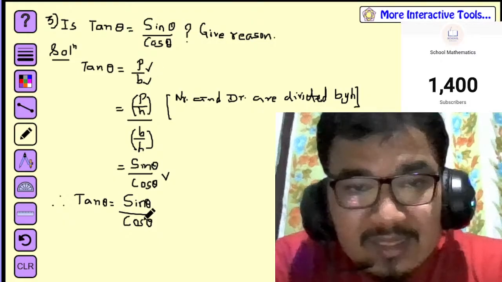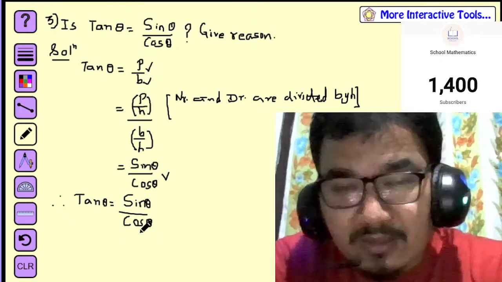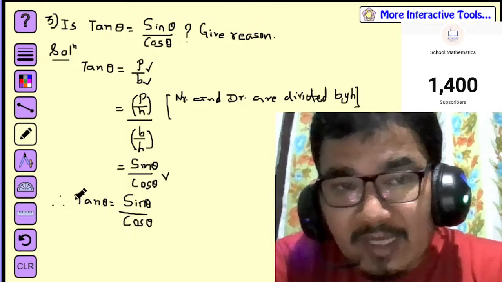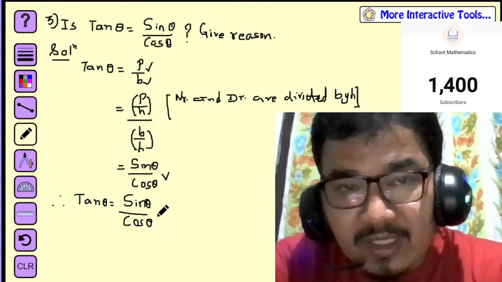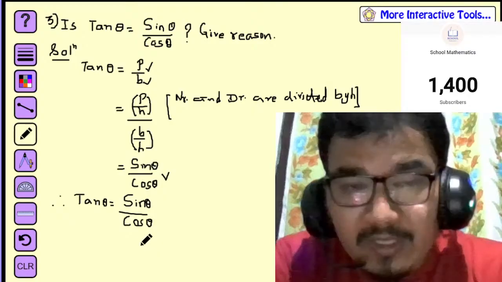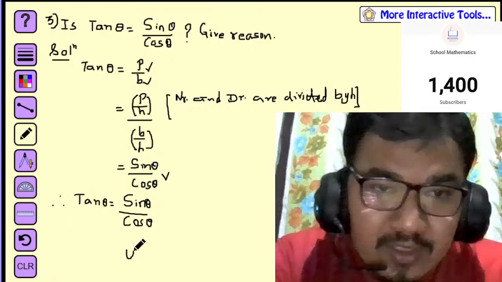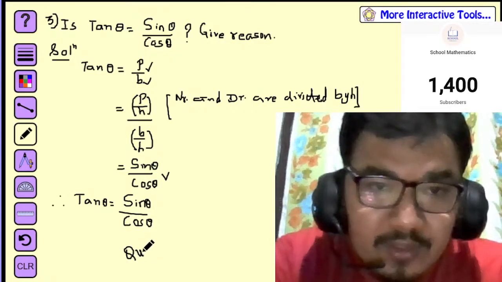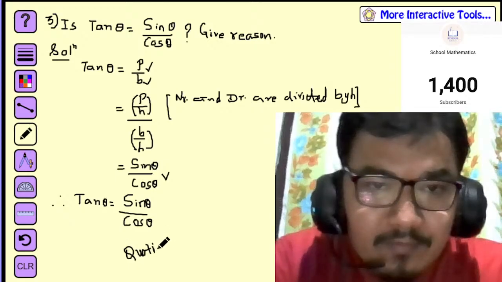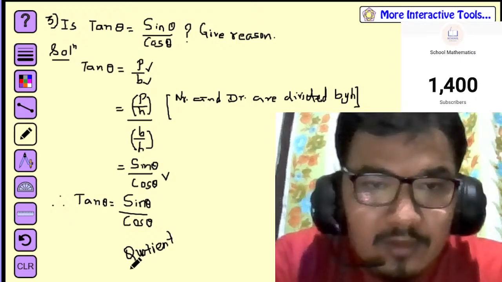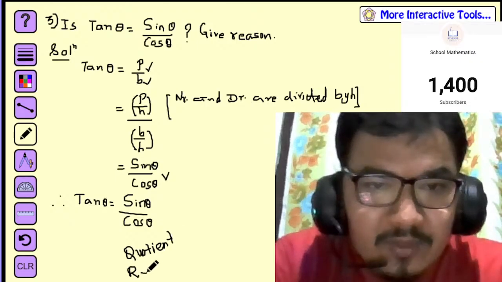Tan theta equals sin theta by cos theta is what we have to write, and this relation is known as the quotient relation of the trigonometric function.